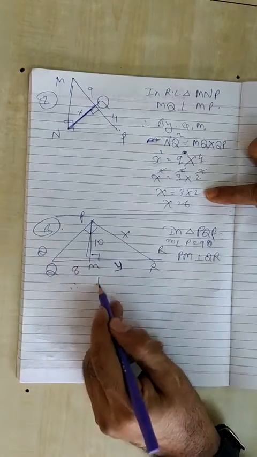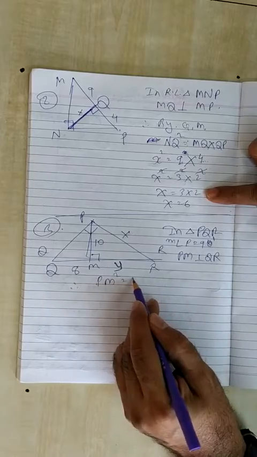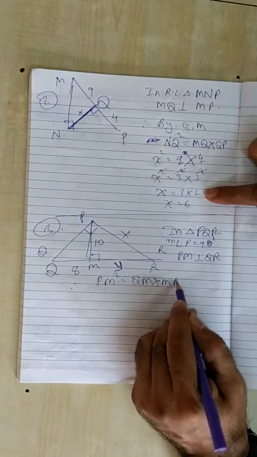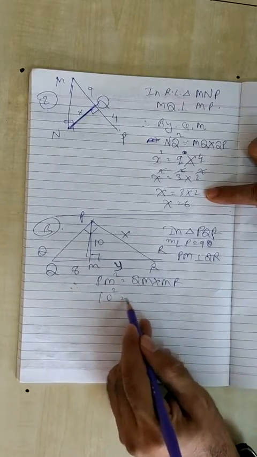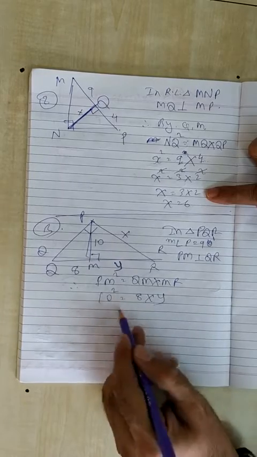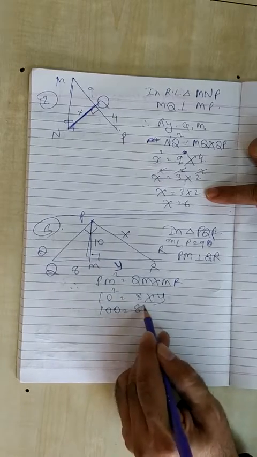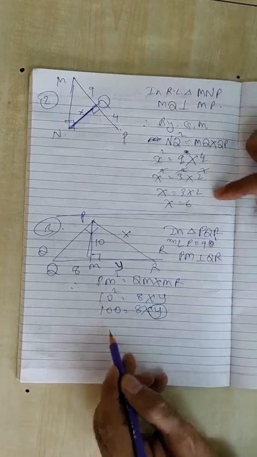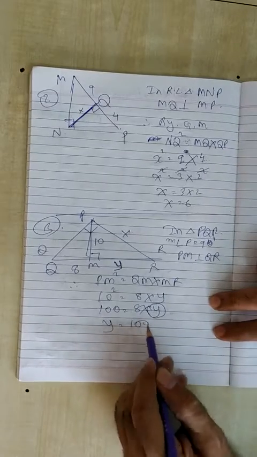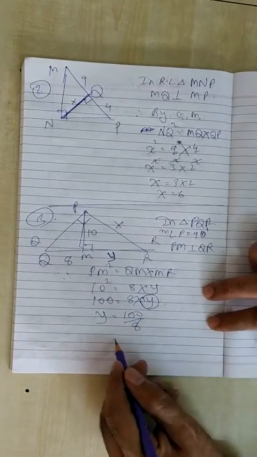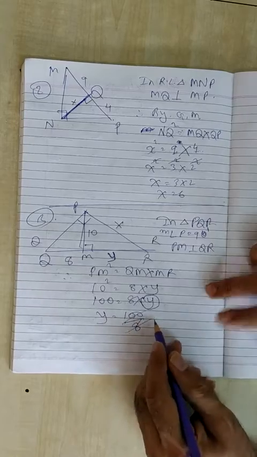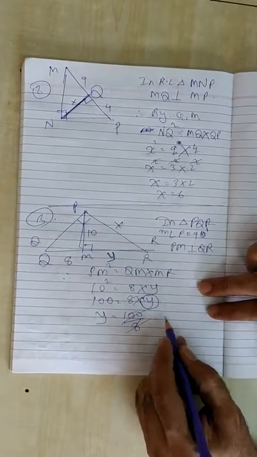Therefore, again geometric mean, PM square is equal to QM into MR. So 10 square is equal to 8 into Y. So 100 is equal to 8 into Y. So what is Y? It is 100 divided by 8. Divide by 4.